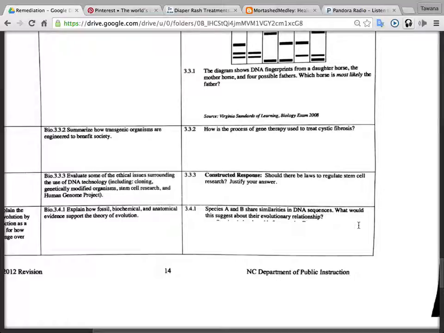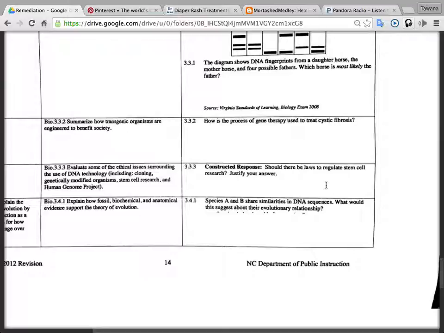We can now do replacing genes. What's cystic fibrosis? It's also a genetic disease. It messes with your nerves and your muscles and all that stuff. Nerves, I'm not sure about muscles, but very painful.